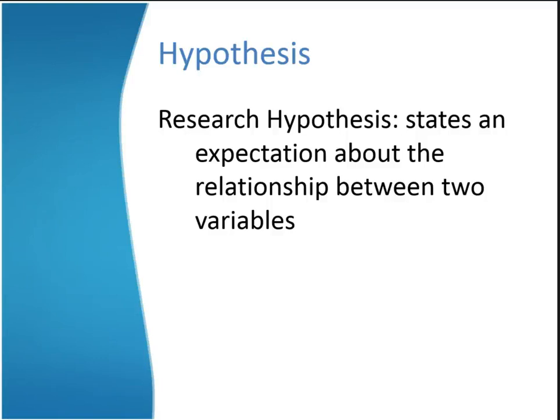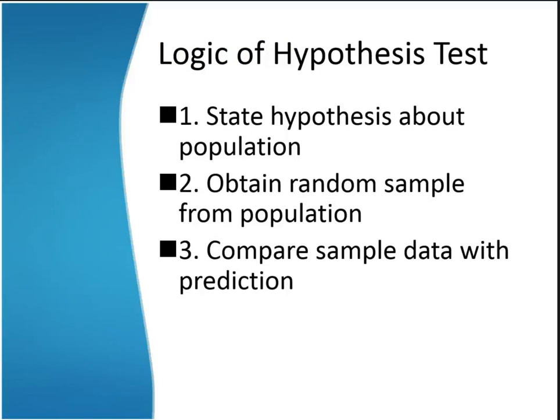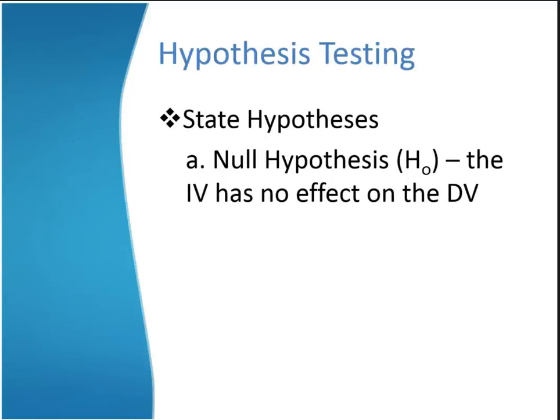And to test that, we state the hypothesis about the population. We get our random sample from the population like we talked about last week, and then we compare that sample data with the prediction.